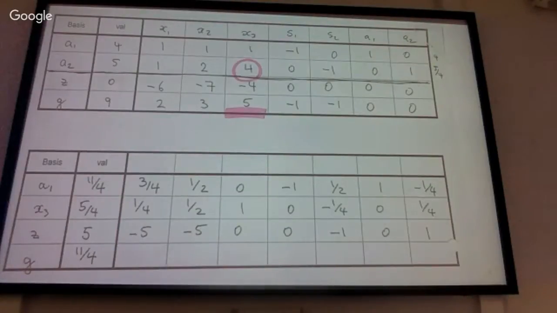That's how I got the top row: I took the original row and took away the new six. That's it.